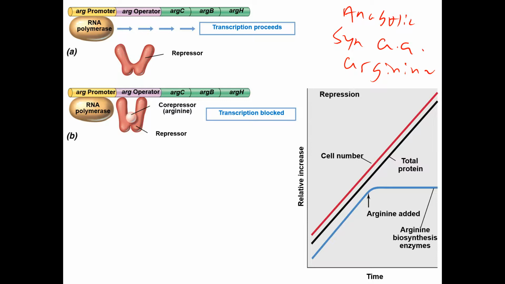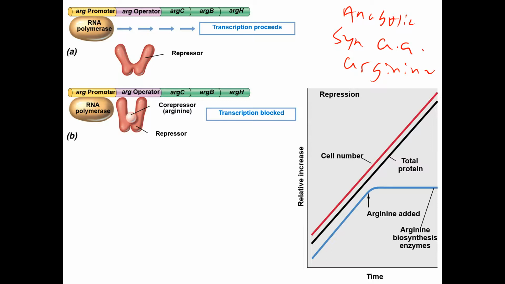The cell is making arginine, so the repressor isn't bound. RNA polymerase can go through and transcribe those genes that make up the biochemical pathway for synthesizing arginine.